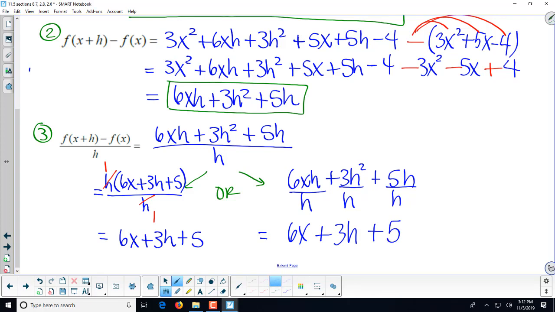So notice how now my difference quotient involves x's and h's. What that means is, I don't know where the parabola is, so I can't draw my x and y axis.